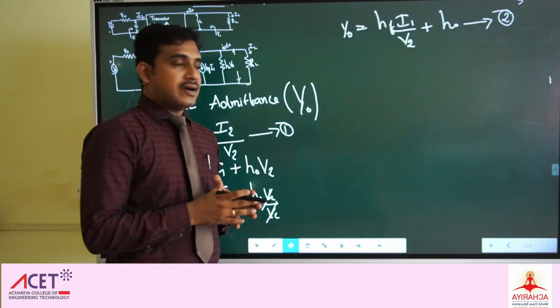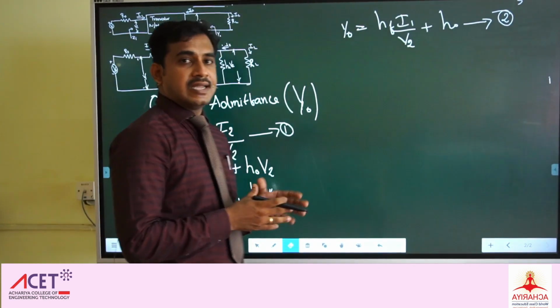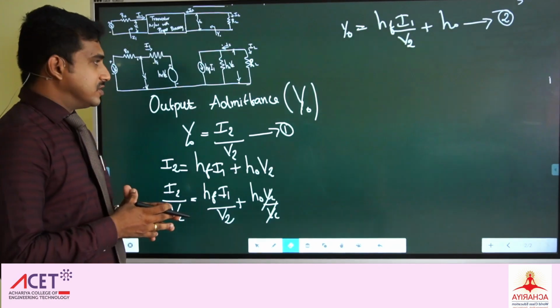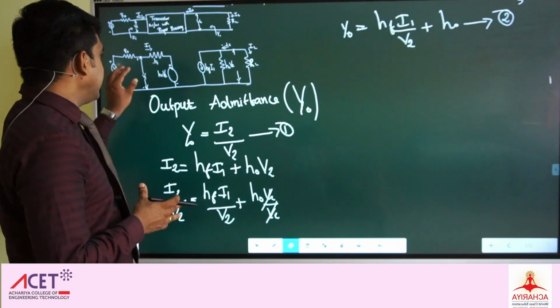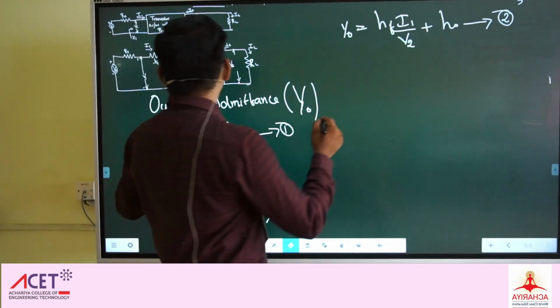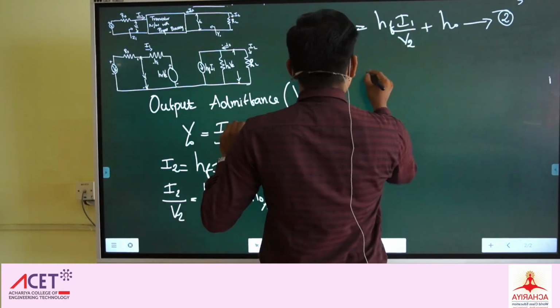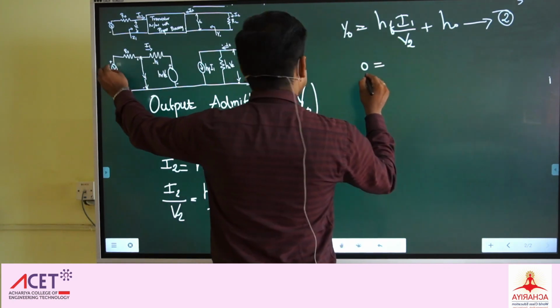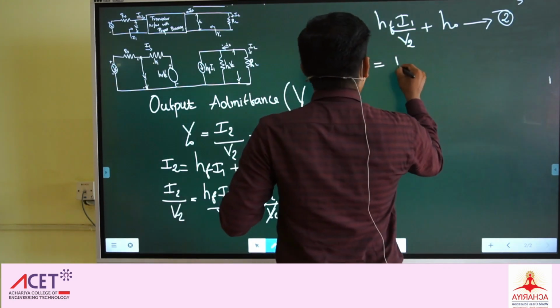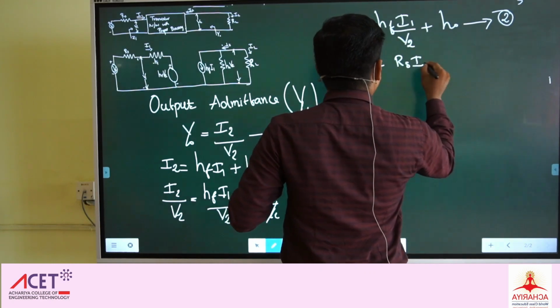Okay, to find the output admittance, we should consider input voltage, source voltage, is equal to 0. By considering the source voltage is equal to 0, we can write the KVL equation like this. 0 is equal to the source voltage we are considering as 0, Rs into I1.